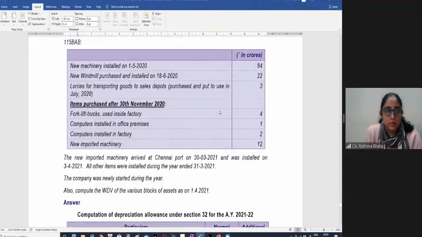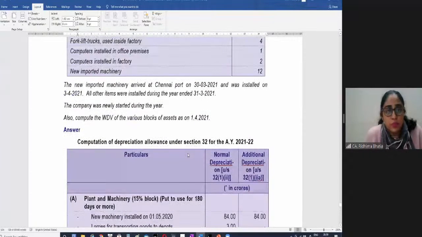Then computers installed on office premises and computers installed in factory, 40%. Lift trucks used inside factory, and lorries purchased, again 15%, put to use in July 2020. Then new imported machinery of 12 lakhs, installed on 3rd April 2021.